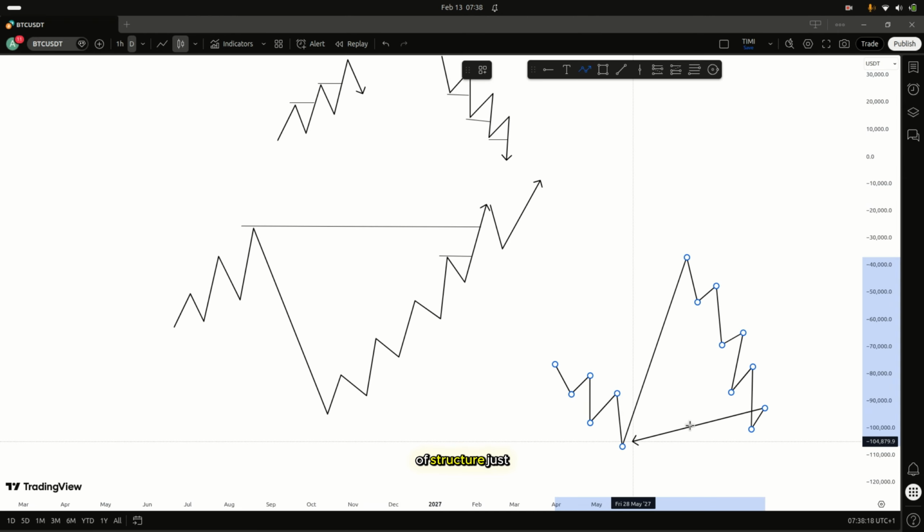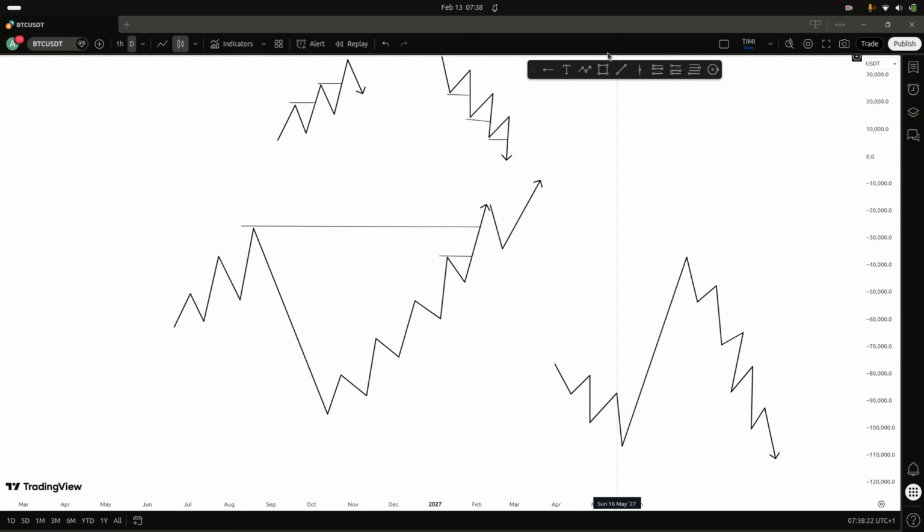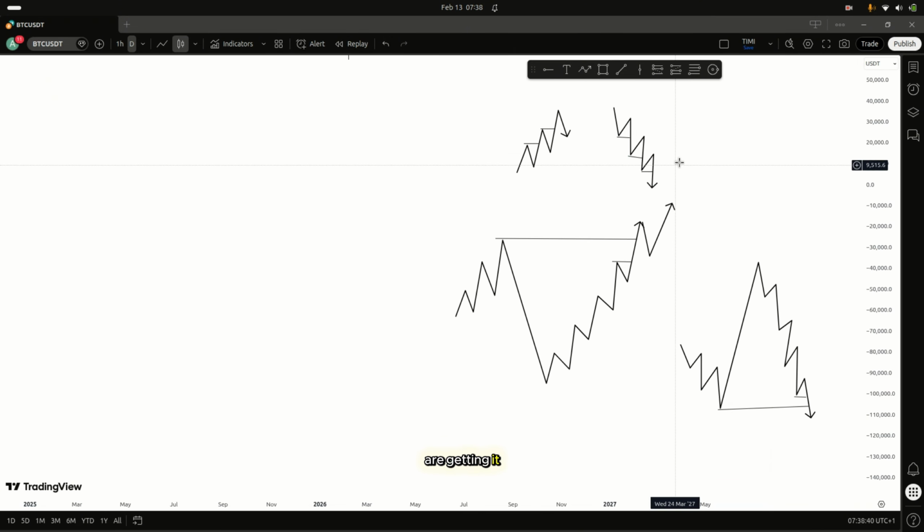A double break of structure just occurred. Immediately price took out this low while also taking out an already existing low in the market. A double break of structure just occurred. I hope you are getting it.